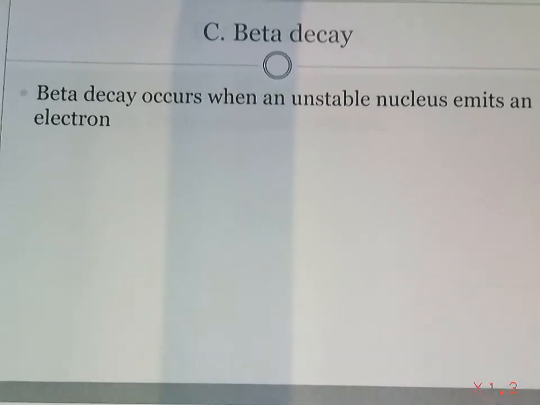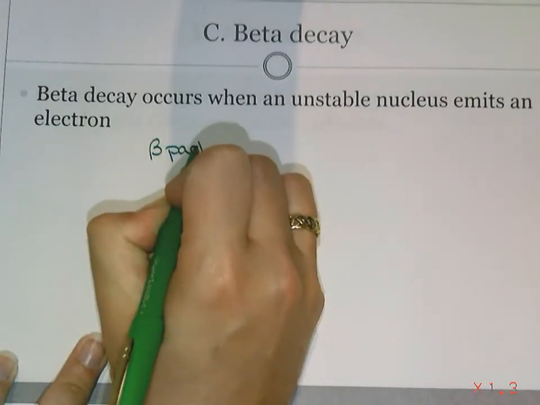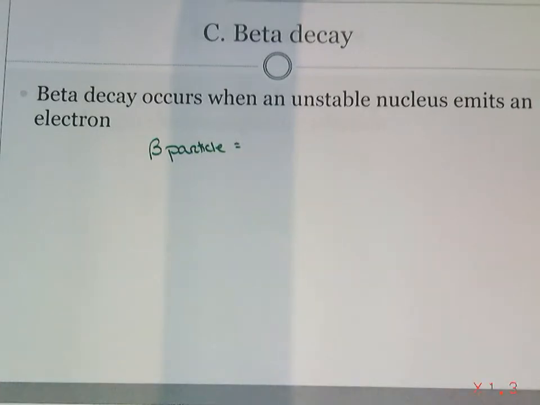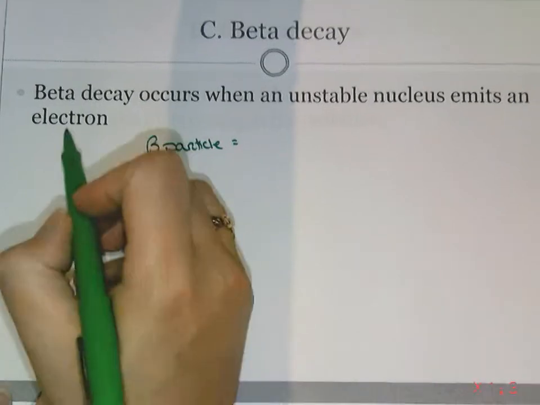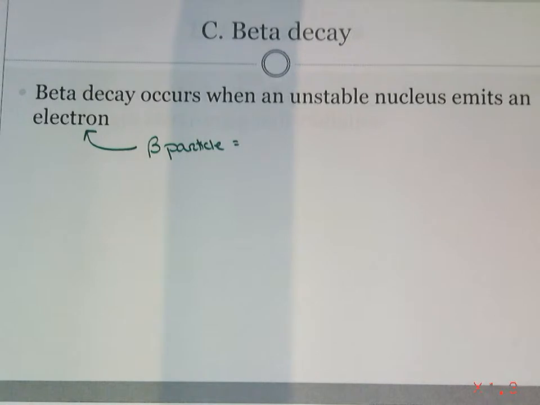All right, beta decay occurs when an unstable nucleus emits an electron. So if I'm going to describe a beta particle, which is an electron, what is its mass number going to be?